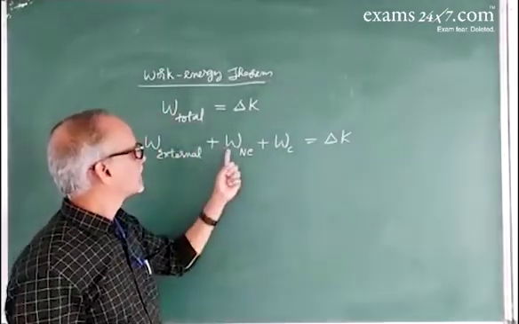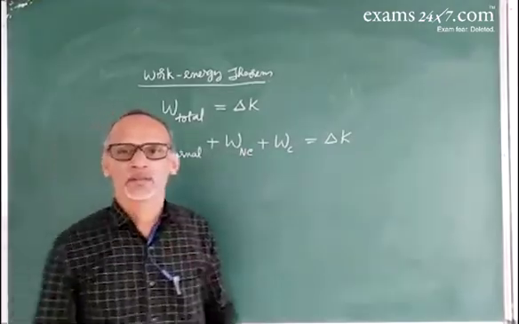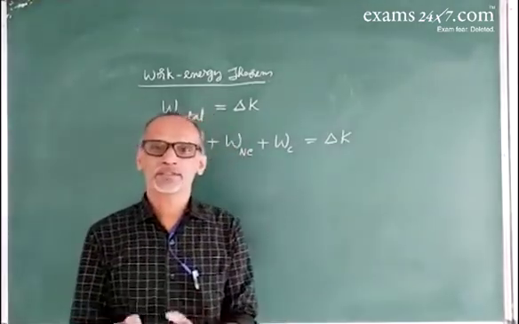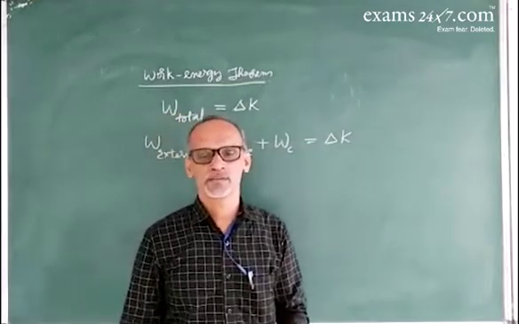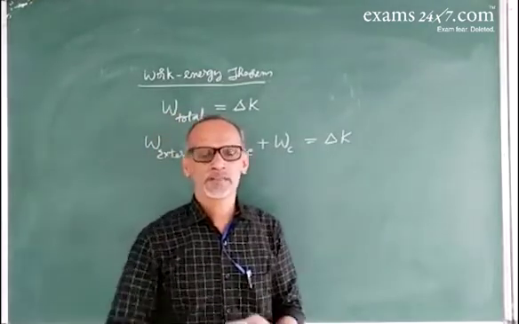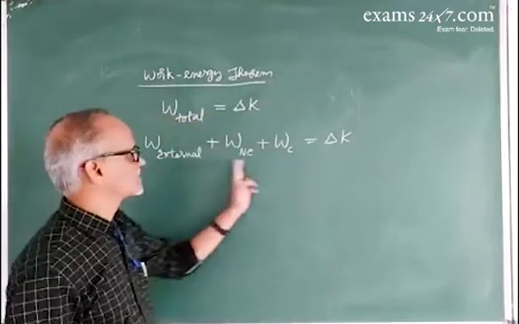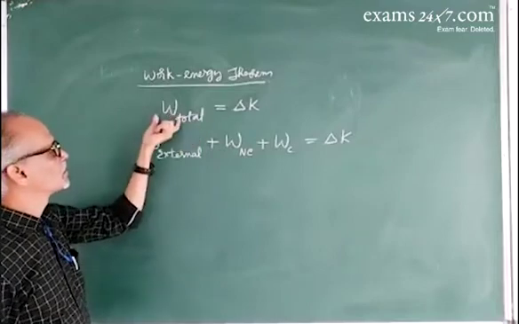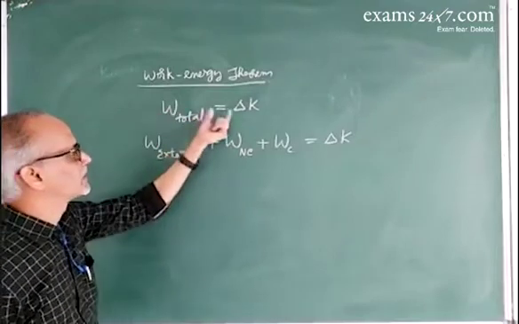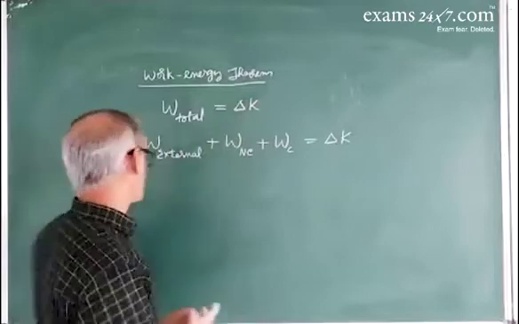And a non-conservative force is one in which the work done depends on the path. All opposing forces are non-conservative forces: frictional force, viscous force. So all the forces are to be included, and that gives the net work done. So total work done is equal to the change in kinetic energy.